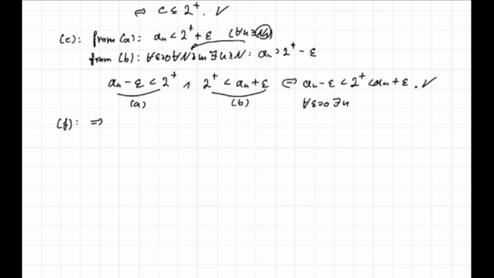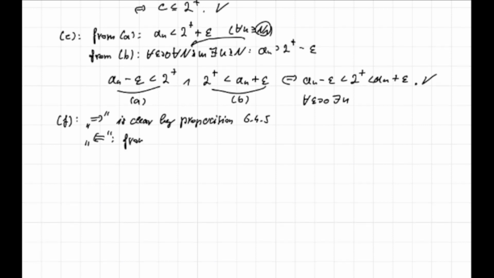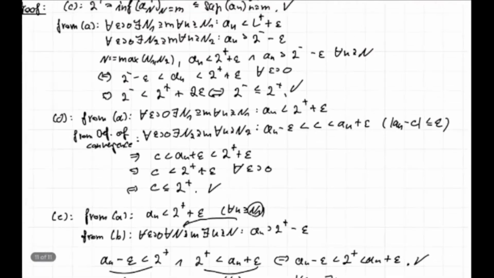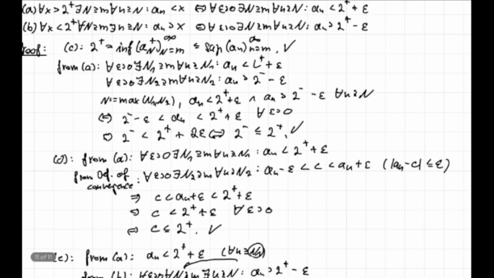Okay, so this part is clear by proposition 6.4.5, and we only need to take a look at this. Okay, and we will again just write down what we know from A. And now take in mind that L plus and L minus are equal.